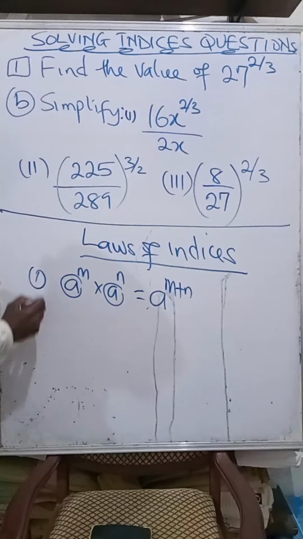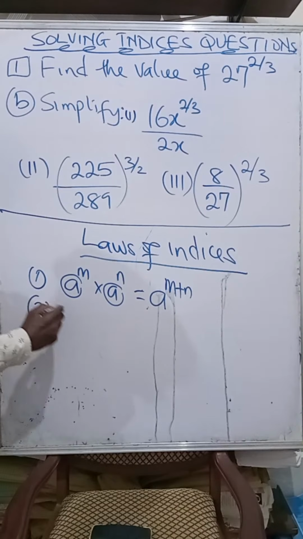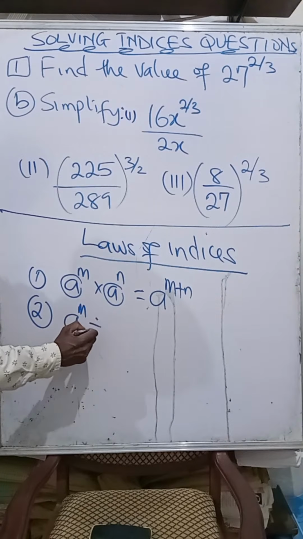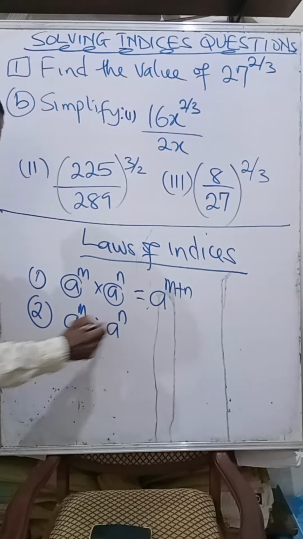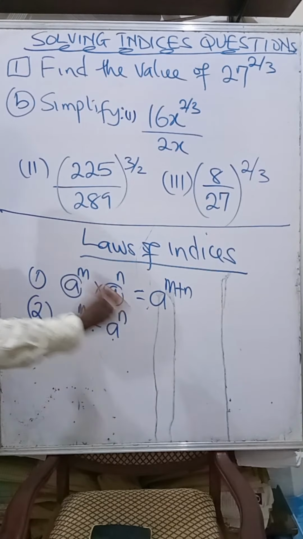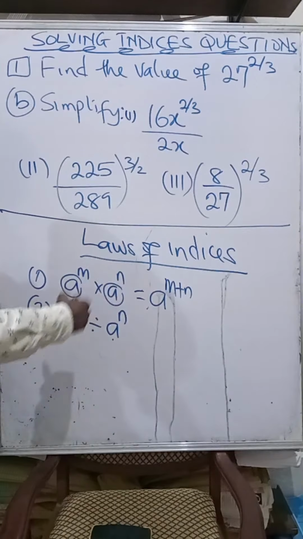That's one. Two, for division, when you are dividing the same base, the base here is a, the base here is a, the base is the same. And there's a division that connects the two bases.